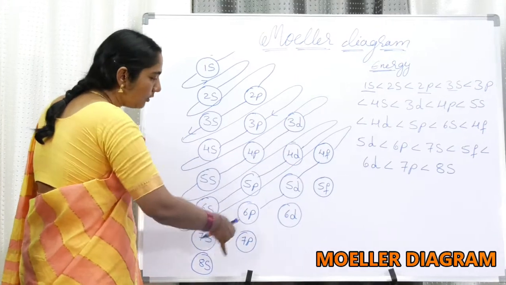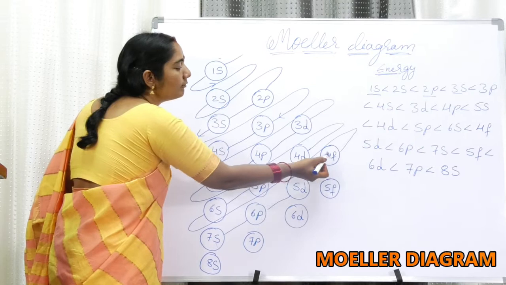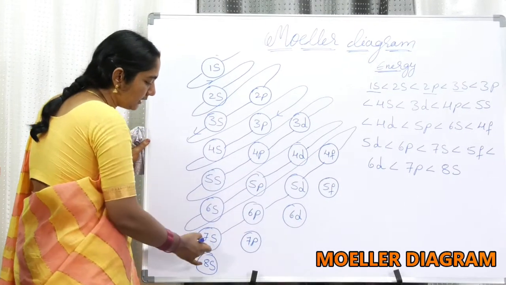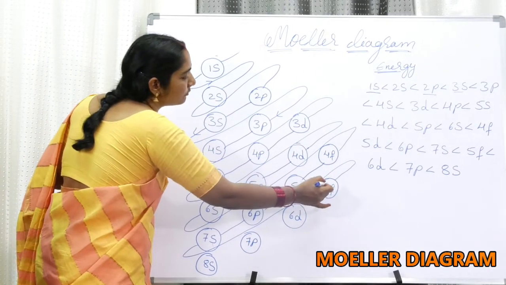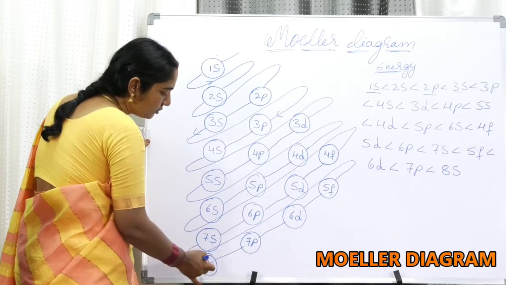In the whole line, the n plus l value is the same. But first the electron enters 4f because the n value is less for 4f. Next comes this, next this, next this. Now again it will go to 5f. Then again to 6d. Next 7p. Next to 8.